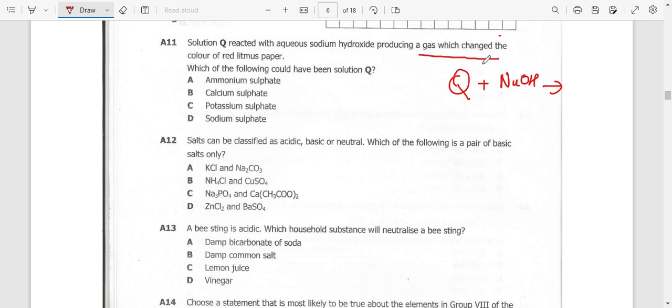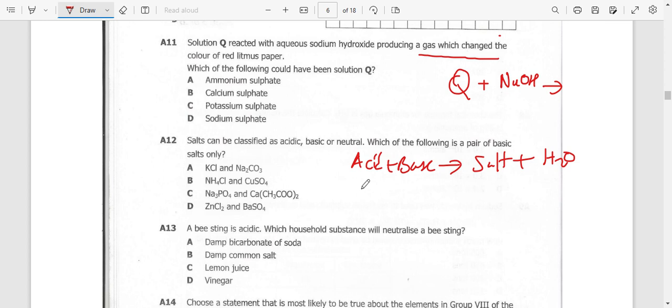So if this produced a gas, you need again to know this. Let me just mention them. I've told you about an acid and a base. When an acid reacts with a base, you are going to form salt and water. This you need to know.